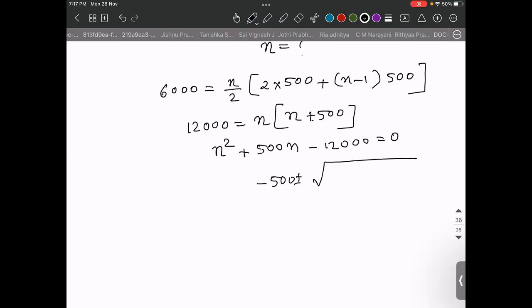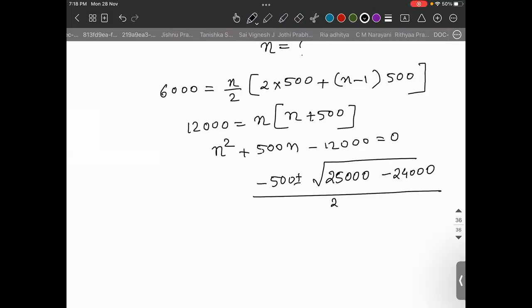Find N from here. B square is how much? Right? 4AC. Is this correct or not? Okay, so 25. Okay, 1 less 0. Sorry. Right?